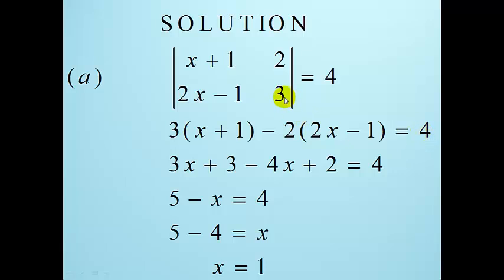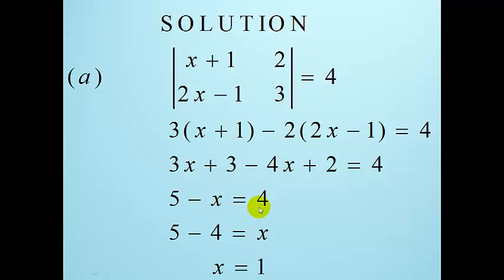I repeat, we multiply 3 by x plus 1 minus 2 by 2x minus 1. We equate the answer to 4. Now 3 times x is 3x. 3 times 1 is 3. Minus 2 times 2x is minus 4x. Minus 2 times minus 1 is 2. And this is equal to 4. Now 3 plus 2 is equal to 5, and 3x minus 4x is minus x. This is equal to 4.